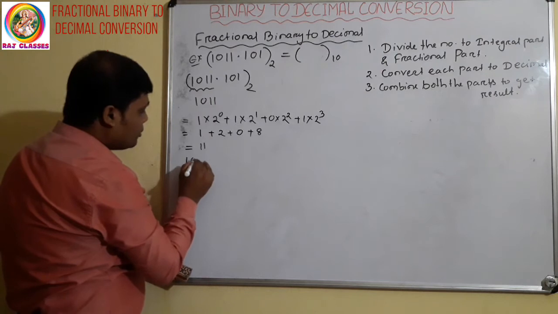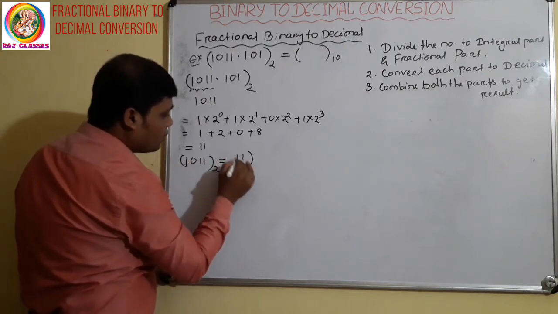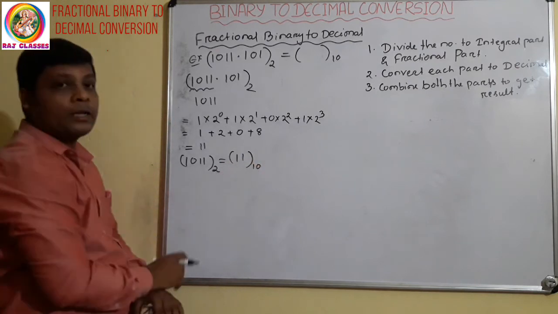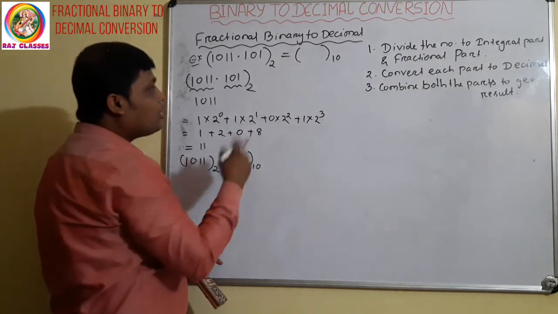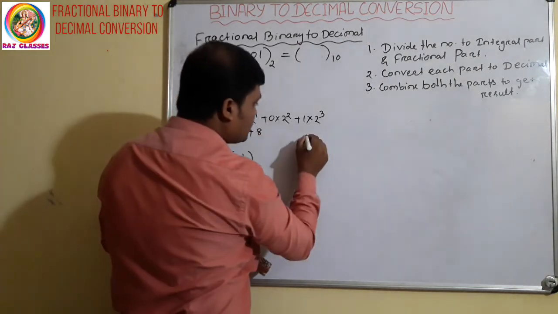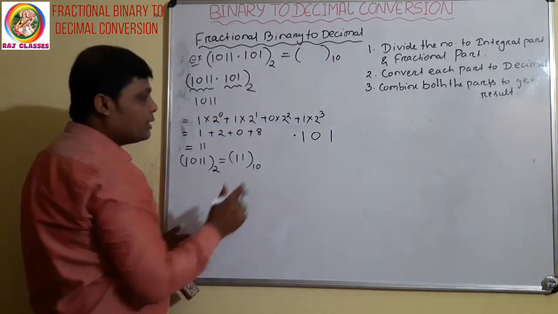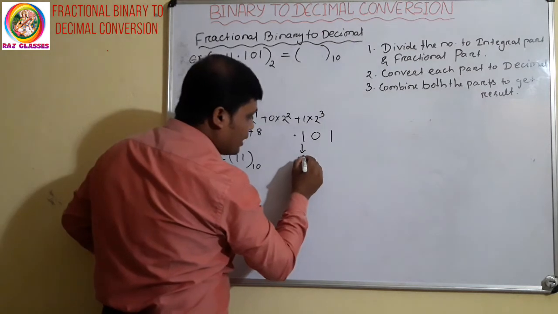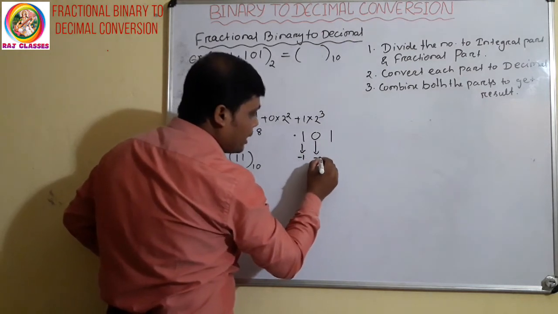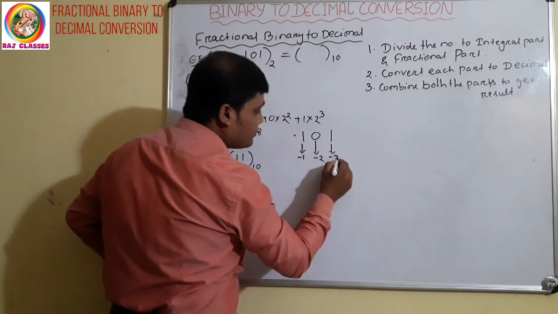Now 1011 base 2 is nothing but 11 base 10. Clear? Now come to the fractional part. How will you convert it? Just see, .101. Here the position of the first digit is -1, this is -2, this position is -3.